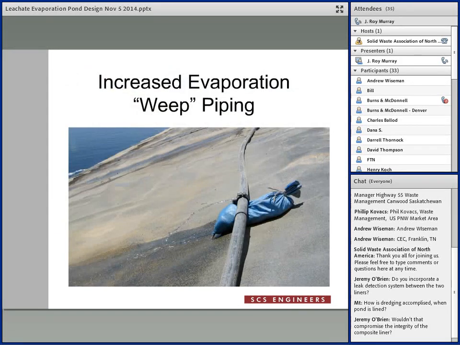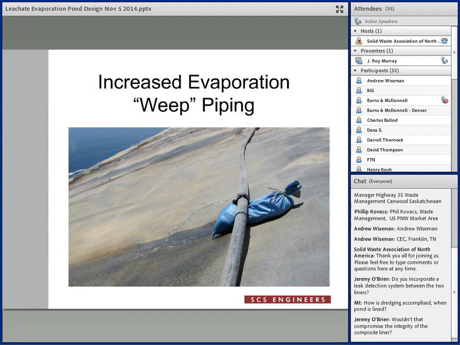Another thing that is useful, I don't have any numbers on it, is you can increase your evaporation by putting in these weep pipes, where you're taking the leachate that's getting pumped into the leachate evaporation pond and having it sprinkled or weeped onto that black plastic at different locations.